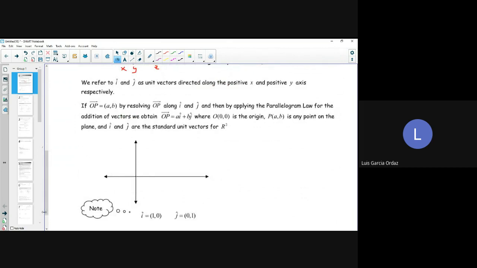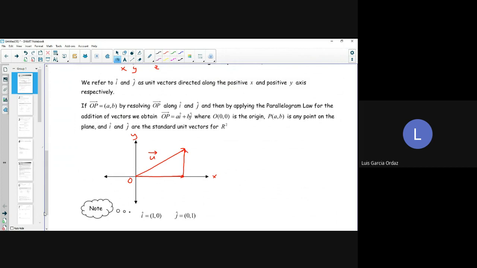So in 2 dimensions, this is still our x, this is still our y, and this is my O over here. If I were to draw a vector, this will result in my u vector right here. And then we have our vector i and our vector j.